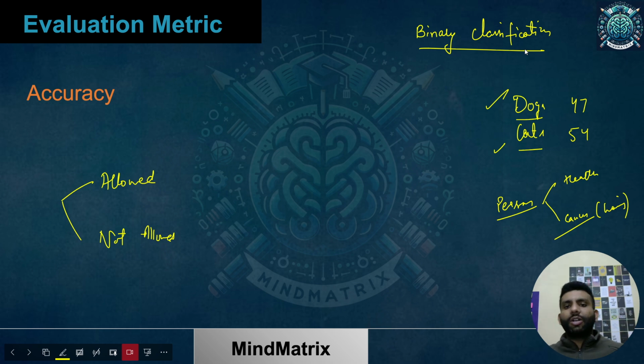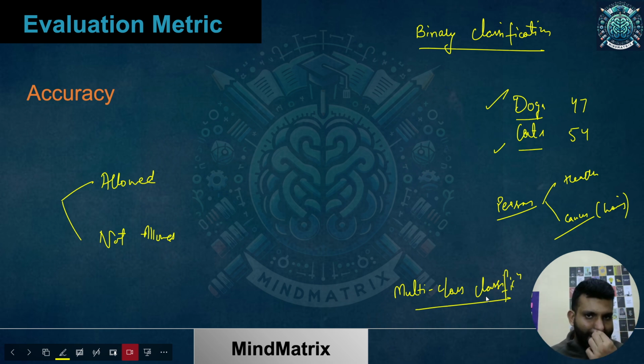If I have more than 2, then we say multi-class classification. Though binary is also, we use multi-class classification for more than 2 classes. I hope you're getting this, the simple stuff. So we have understood what exactly a classification problem is and what exactly binary classification is, when we are classifying within 2 categories.